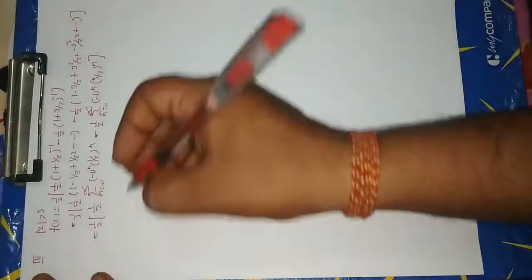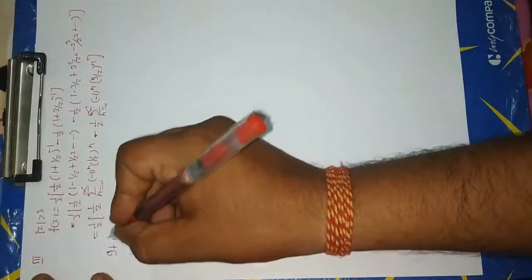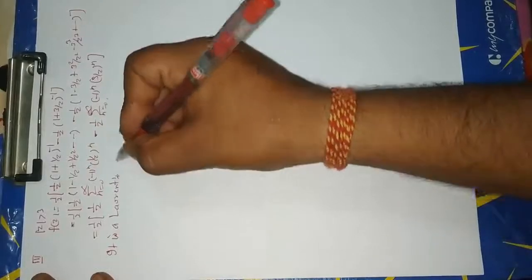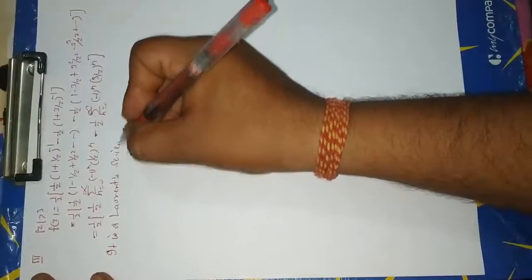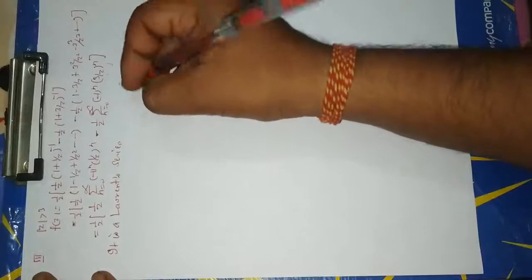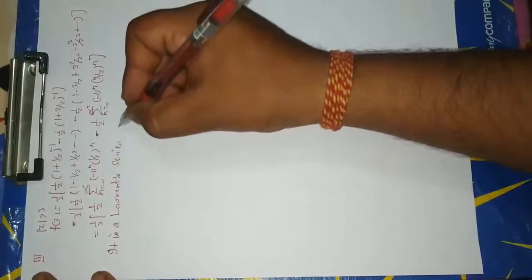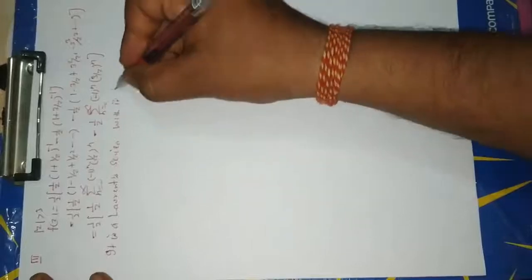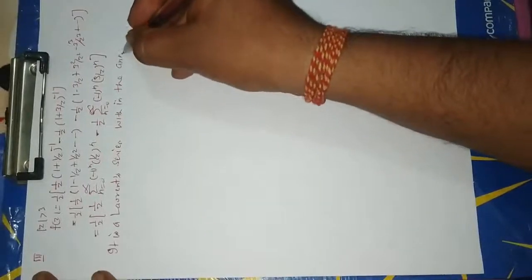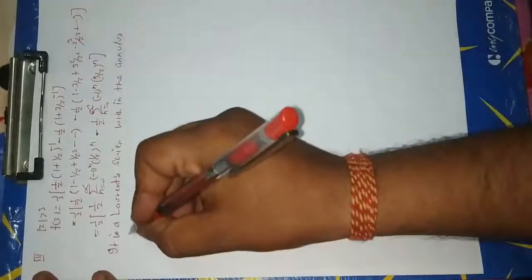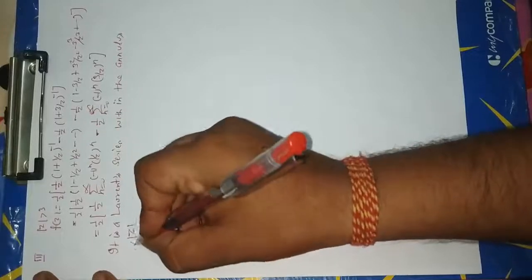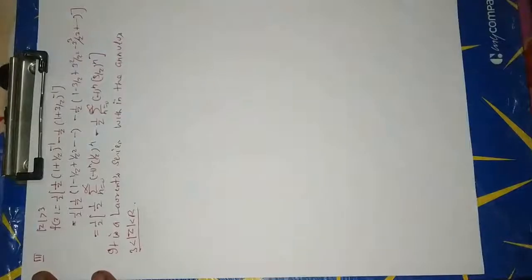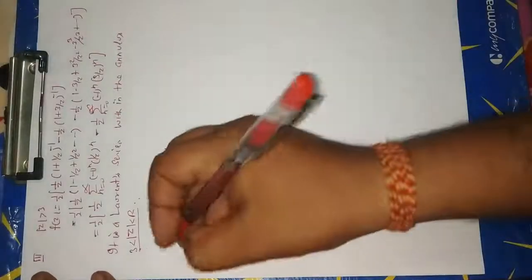It is a Laurent series within the annulus z modulus greater than 3 less than capital R, where capital R is very large.